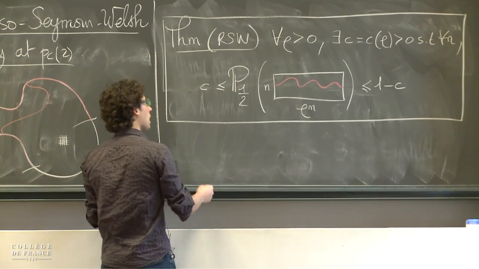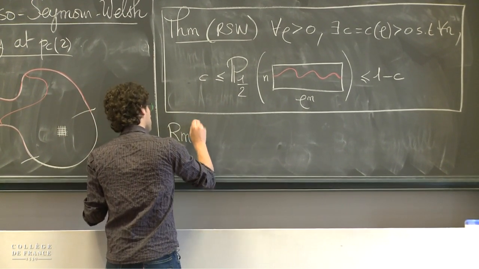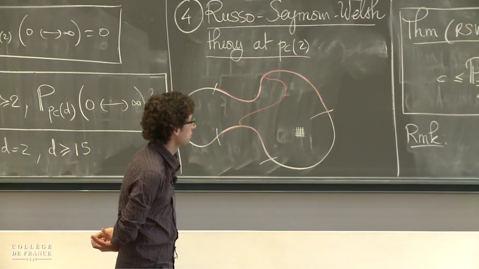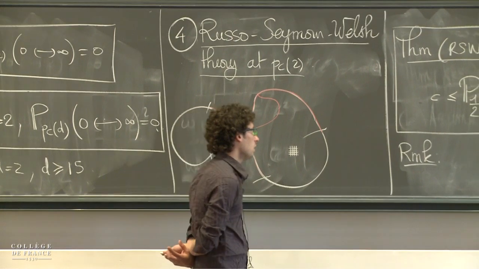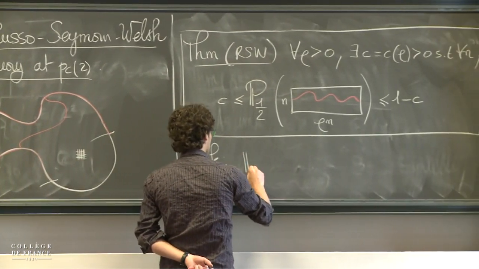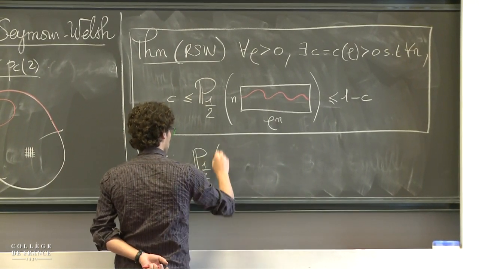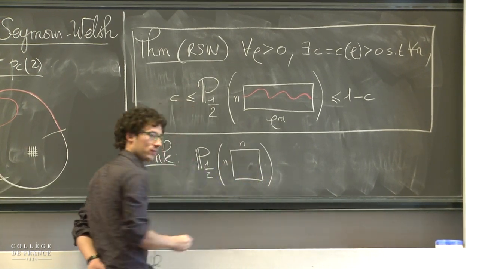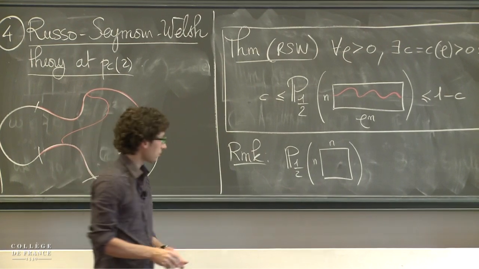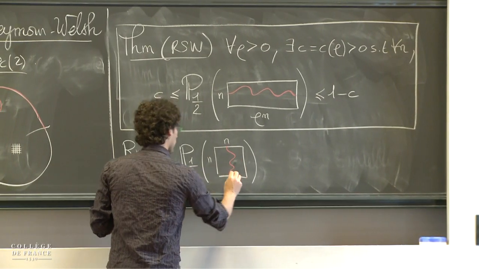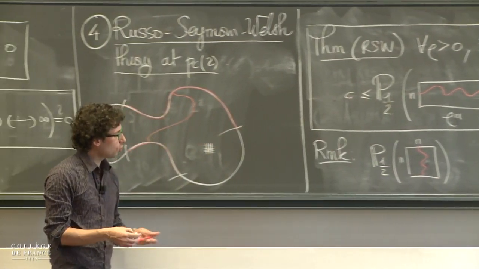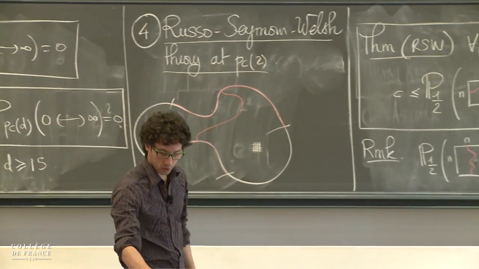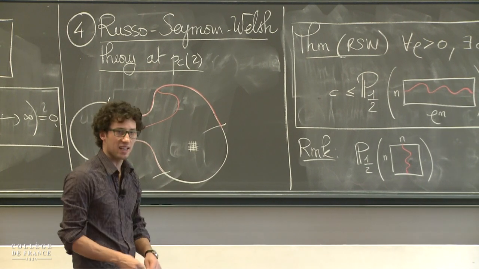So before diving into the proof, maybe I should mention a few trivial comments. For instance, look at this probability when I look at a square, n times n. When I look at a square n times n, what is the complement event of the existence of a path from bottom to top in the box of size n?